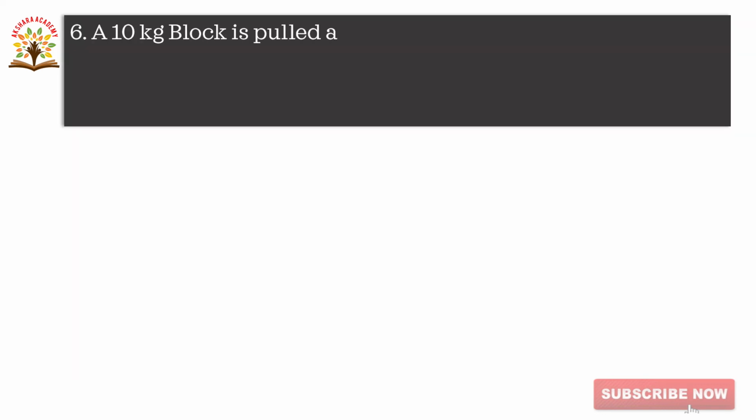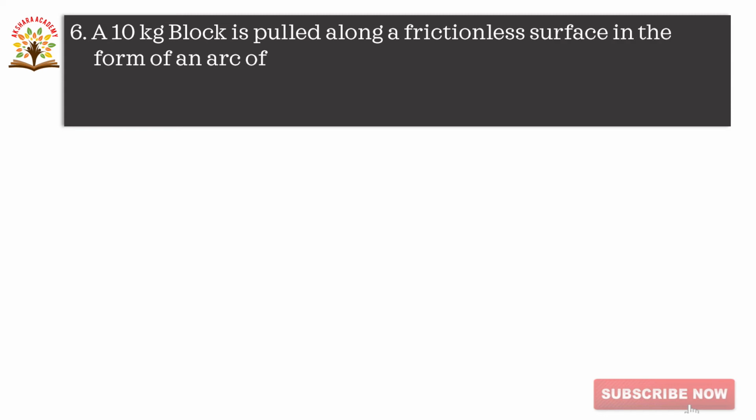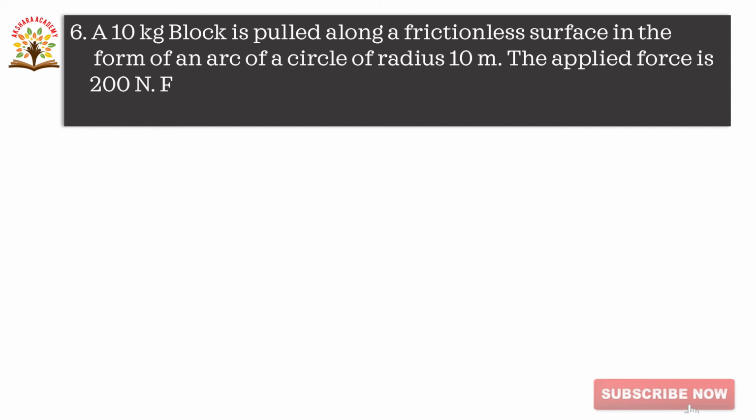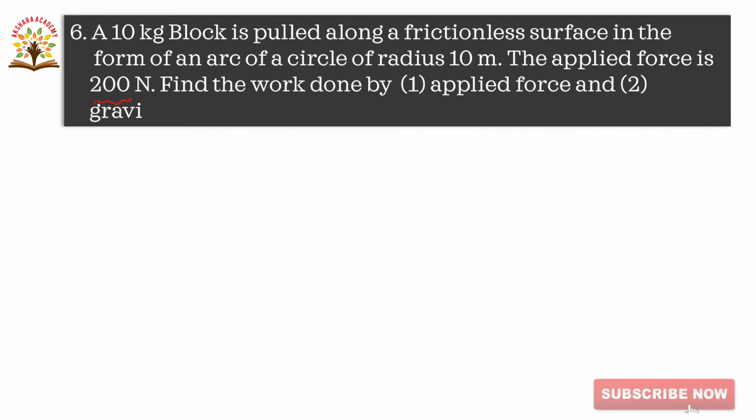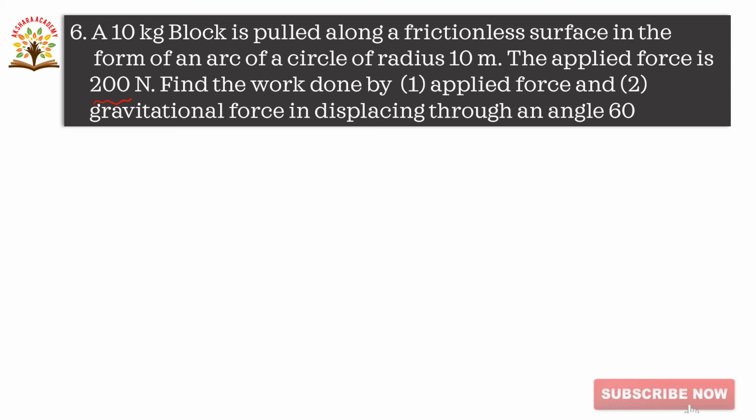A 10 kilogram block is pulled along a frictionless surface in the form of an arc of a circle of radius 10 meters. The applied force is 200 newtons. Find the work done by the applied force, and second, we have to calculate the work done by the gravitational force in displacing through an angle of 60 degrees.